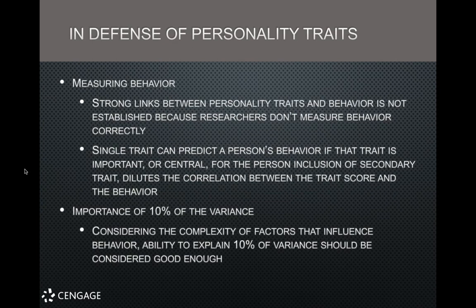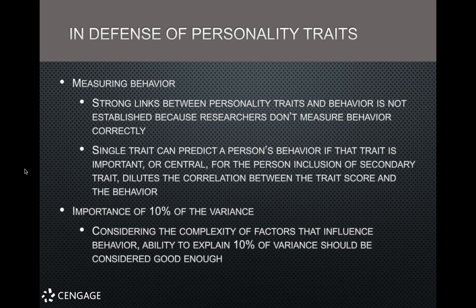So in defense of the personality traits, strong links have been found between traits and behavior, but it's not as established because researchers don't measure behavior correctly. Single traits can predict a person's behavior if that trait is important or central.